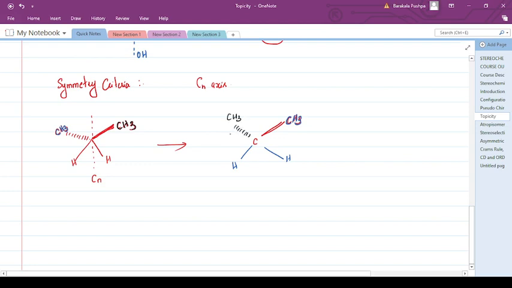It is the same molecule. If you rotate a molecule through the Cn axis and get an identical molecule same as the previous one, then you call them homotopic ligands.